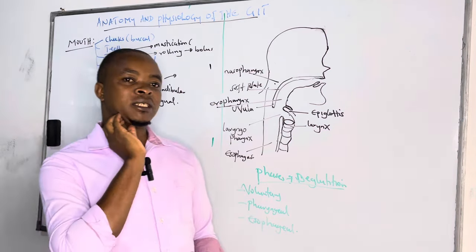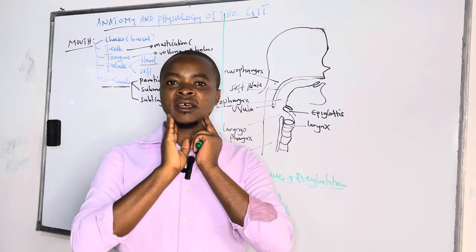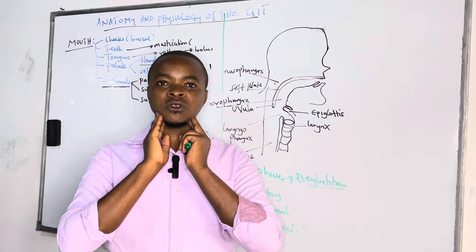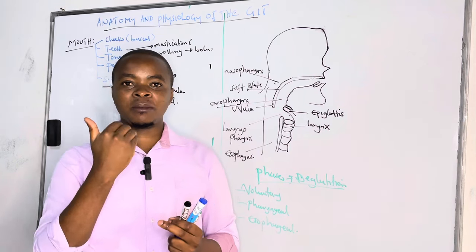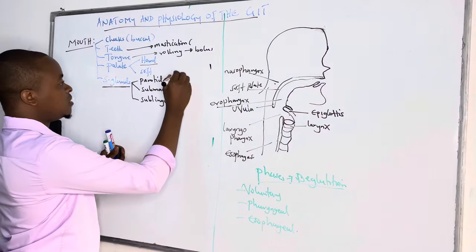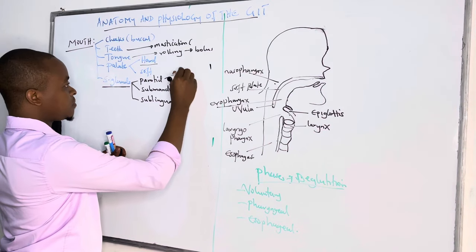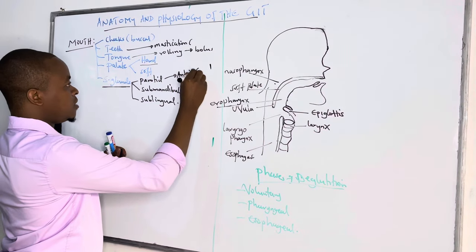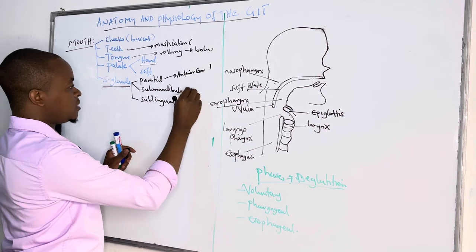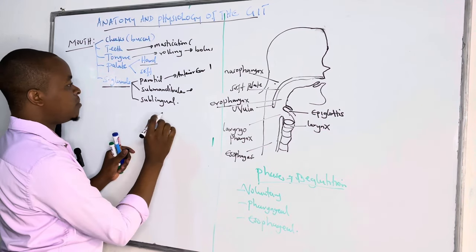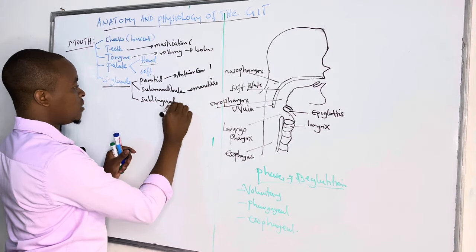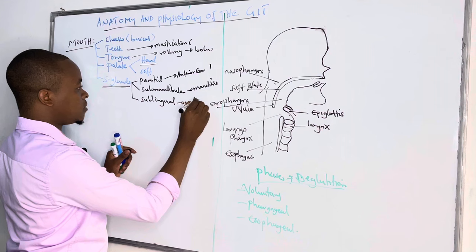Then the submandibular glands are found down here, below the mandibles, and secrete saliva too. And the sublingual glands are found under the tongue.